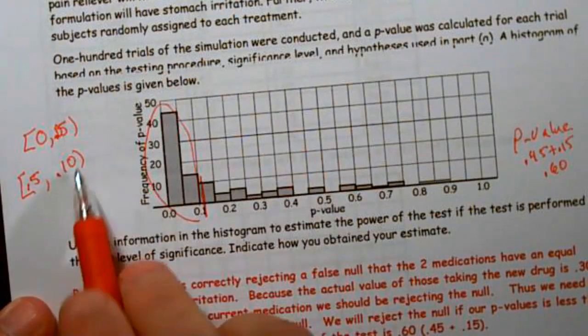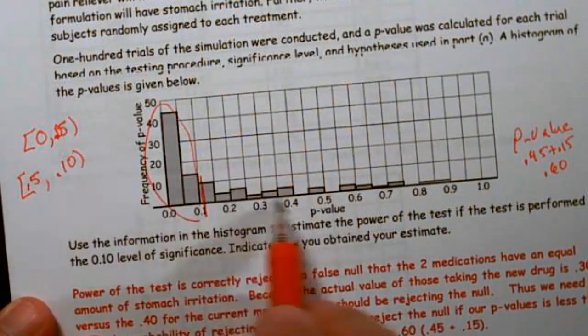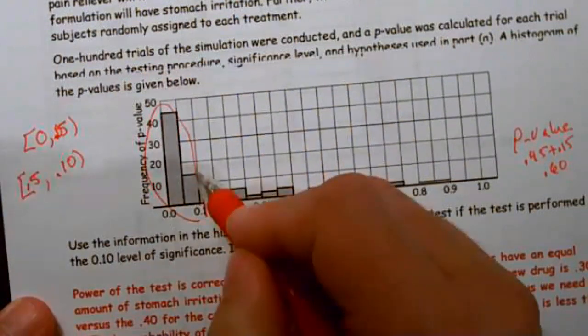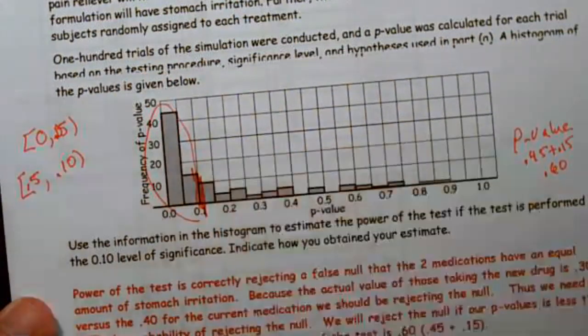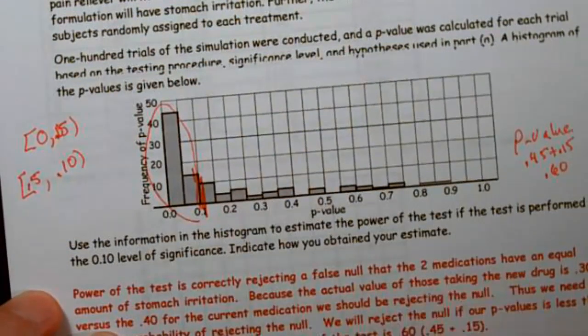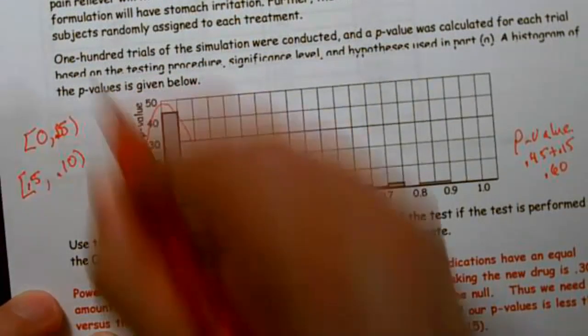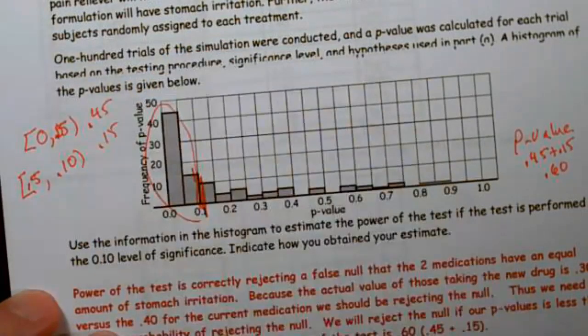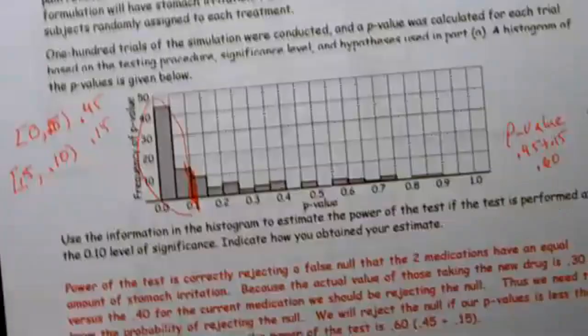These are set like that on the x-axis. So consequently, all of these, in this direction, are p-values that were less than alpha, and it happened 0.45 of the time for this one and 0.15 for this one, for a total of 60% of the time.